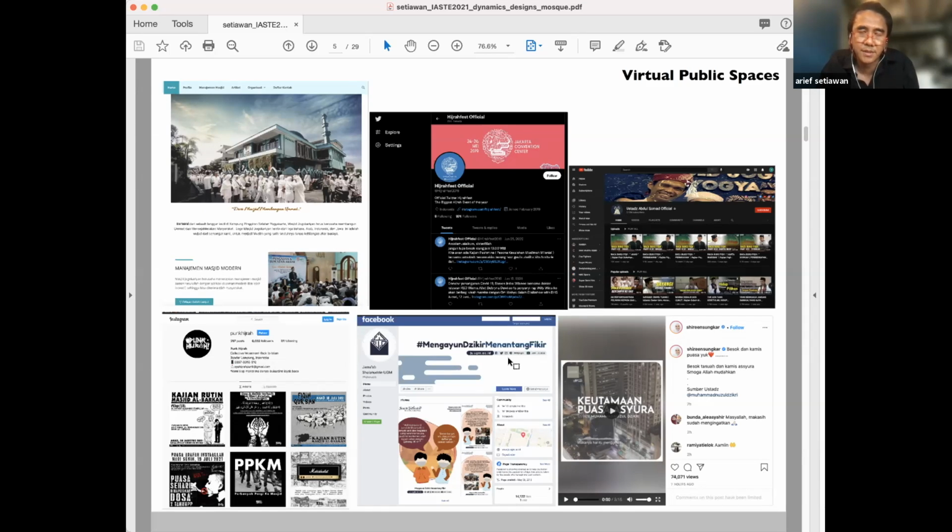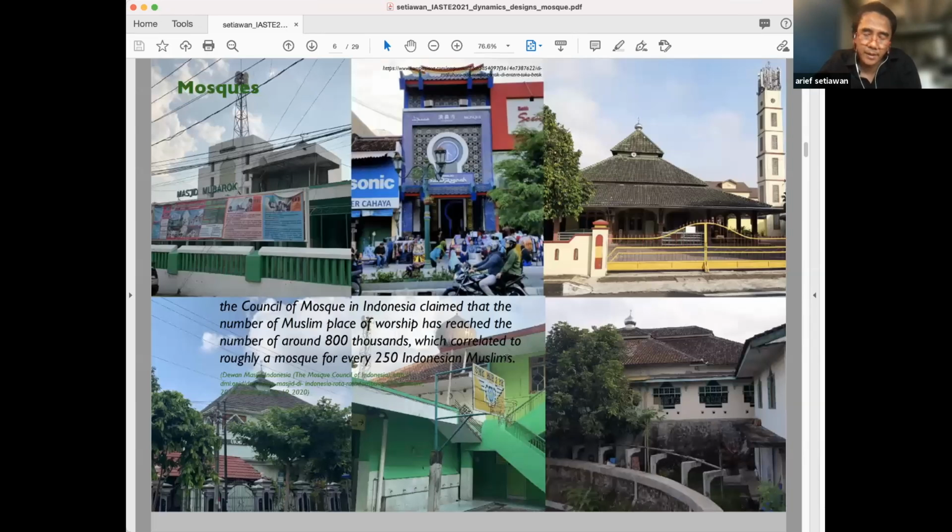All these influencers are no longer dominated by a few popular preachers, but everybody could offer things on the internet. From this, what I try to do is connect that to architecture, and of course, the manifestation of this religious turn in architecture, the typology which clearly reflects that, is the mosque.